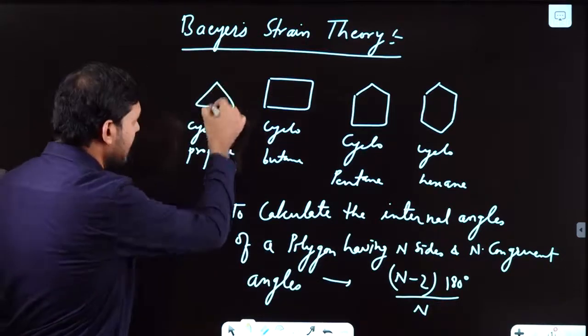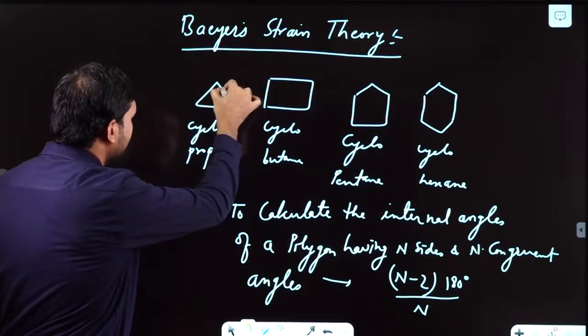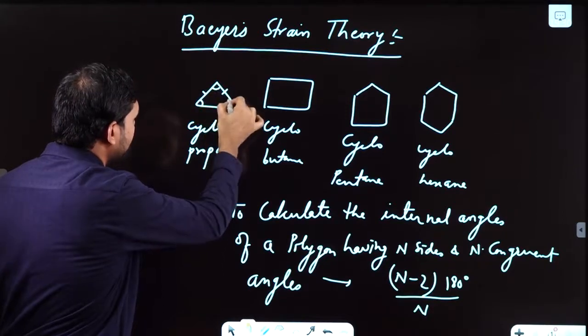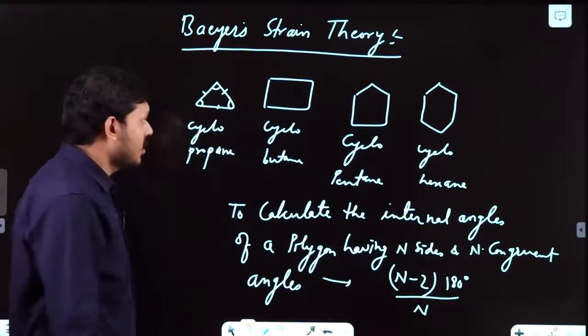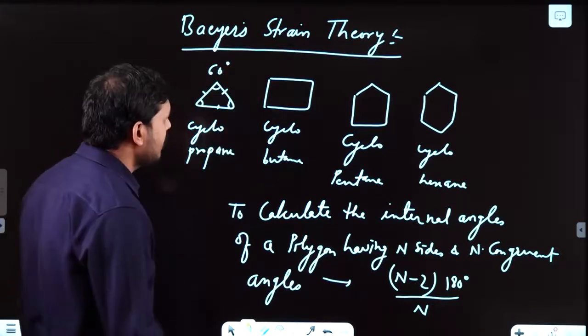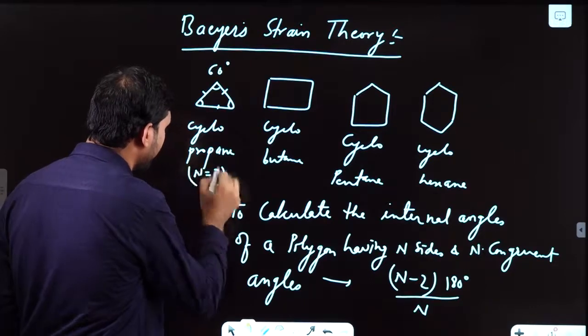So all the angles, n congruent angles, 3 sides and 3 interior angles, are similar. So this angle is 60 degree, right?